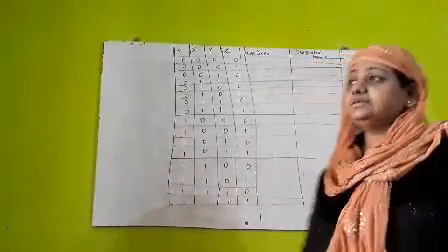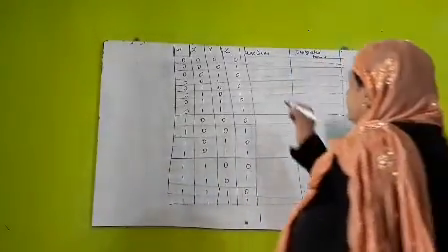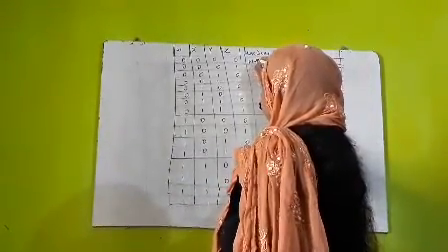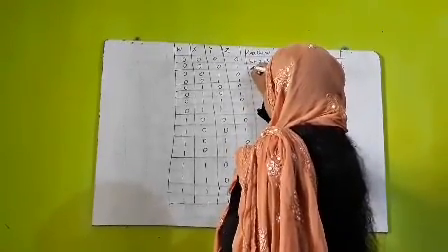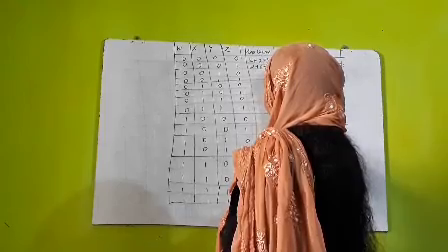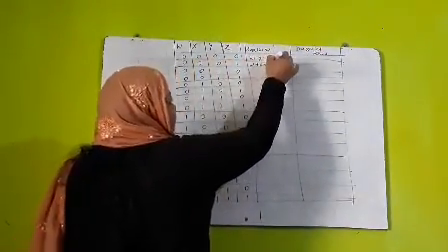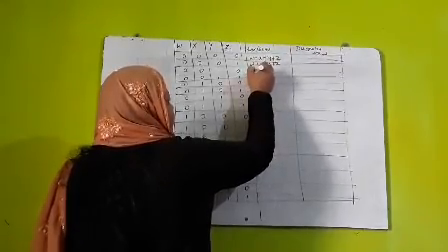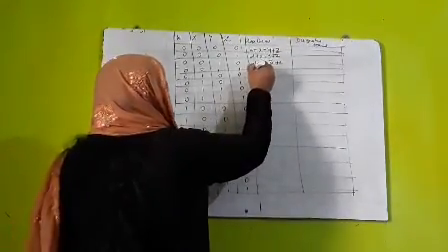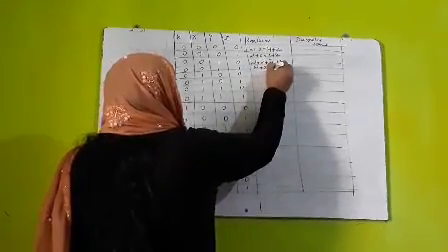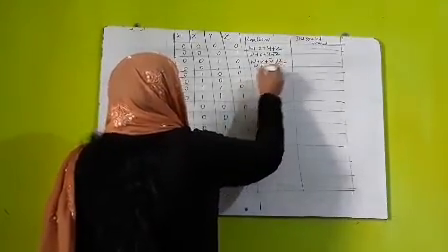So let us write the max term for each. So it will be W plus X plus Y plus Z. W plus X plus Y bar plus Z. So W plus X plus Y bar plus Z bar.